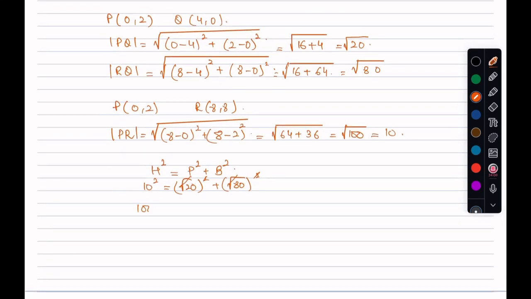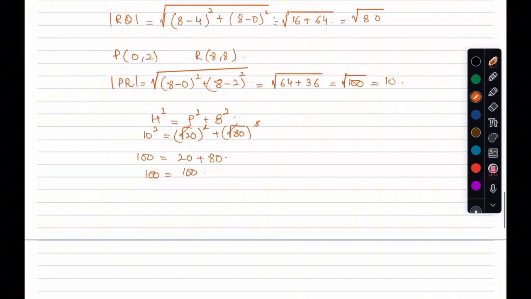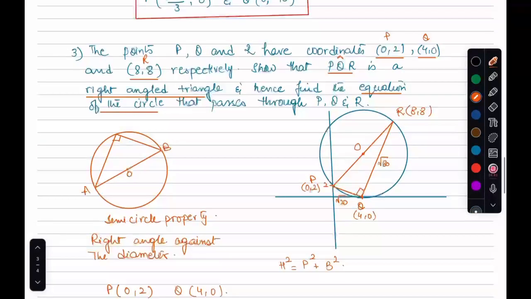I'll be left with 100 equals 20 plus 80, and this shows that 100 equals 100. Therefore, we can say that PQR is a right angle triangle, with the right angle against PR. So we have shown that it's a right angle triangle against PR.